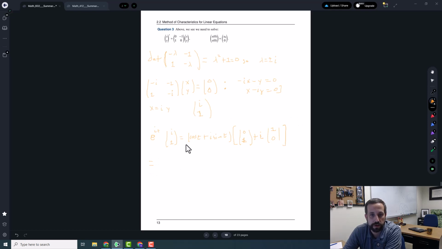So what is this going to be equal to? How do I get a real vector? If I do cosine t times the first vector, or i sine t times the second vector, I'm going to get minus sine t in the first component.